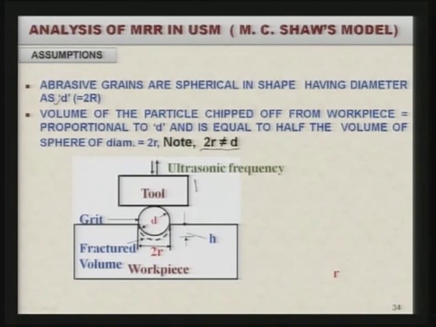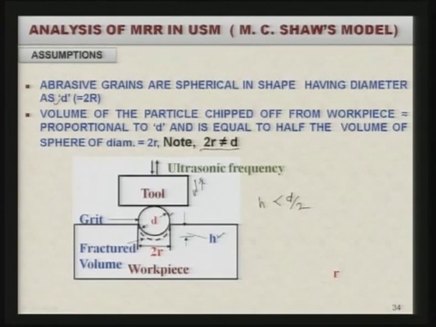This is the tool which is vibrating at ultrasonic frequency. Now, here is the abrasive particle which is hitting the workpiece and removing the material. Now, note that this has penetrated into the workpiece, but that penetration depth is less than half of the diameter, and this is designated as h, small h. So, small h is smaller than d by 2.